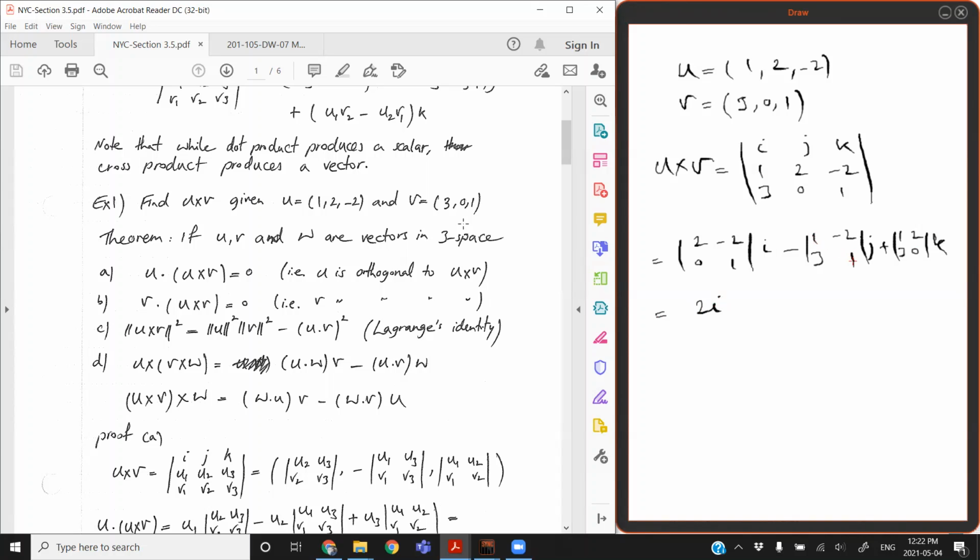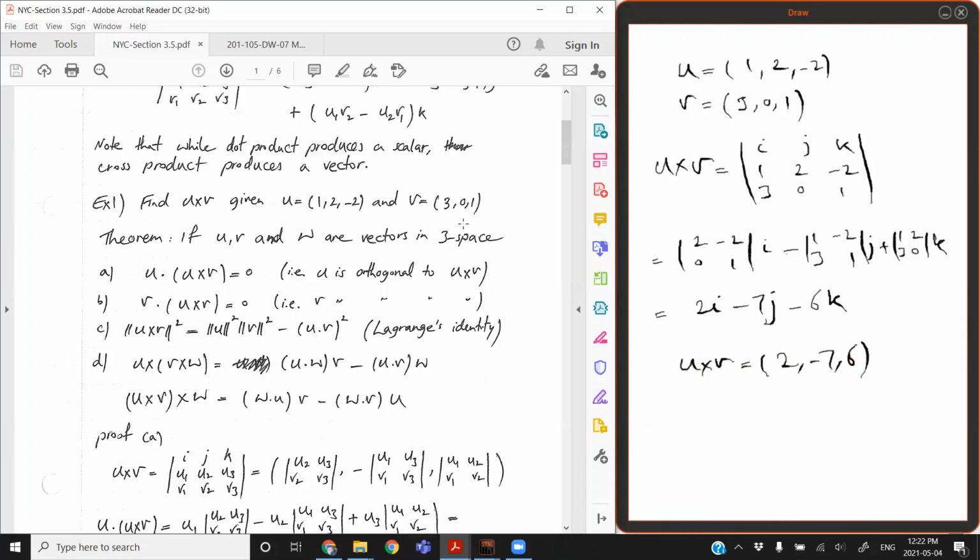Now here I get 1 times 1 is 1, 1 minus minus 6, that's 1 plus 6, 7. So there is a minus here, so minus 7J. And finally, I get 0 minus 6, so minus 6K, which I can also write as U cross V is 2, minus 7, minus 6.